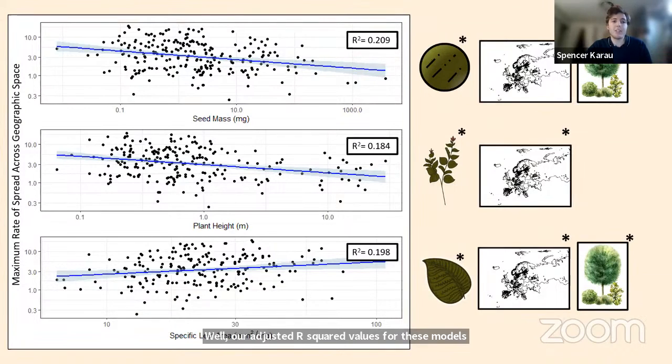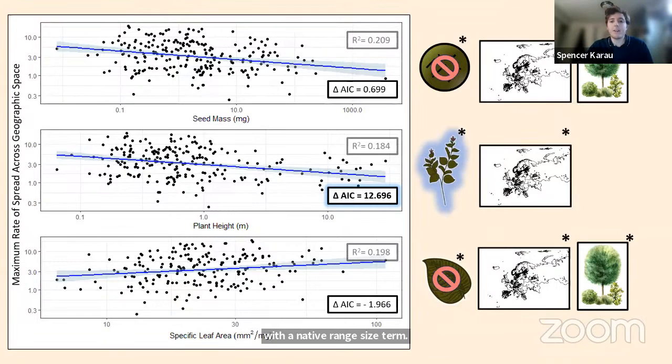Note that because we're dealing with geographic space here, our native niche breadth term has been replaced with a native range size term. And similarly to what we saw with time to equilibrium, the only trait that actually makes a measurable difference on the predictive power of our models is plant height. Adding seed dry mass or specific leaf area to their respective models did not increase the predictive power.